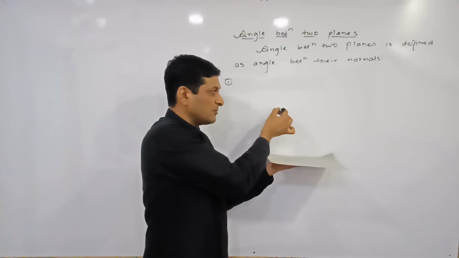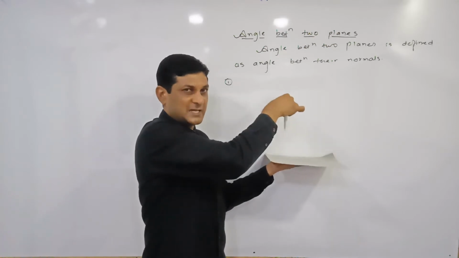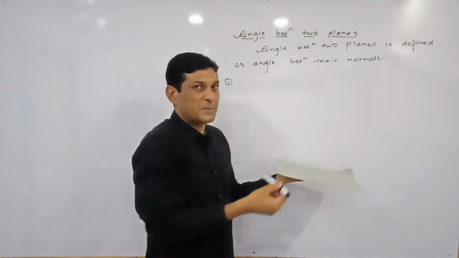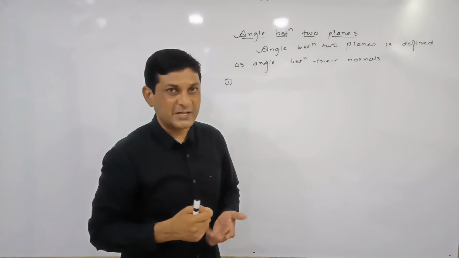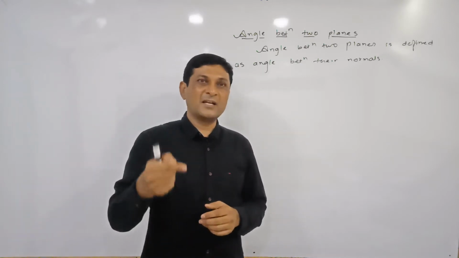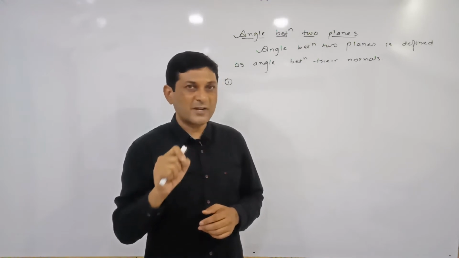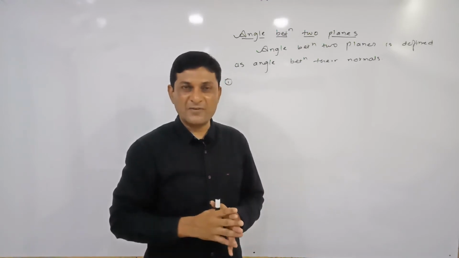Let this be the normal to the plane first, and here we will get another line which is normal to the plane second. So these two lines are also perpendicular. Means the angle between normals is also 90 degree. So in short you have to remember that to find out angle between two planes, we have to find out angle between their normals, isn't it? So hope the idea about definition is clear.